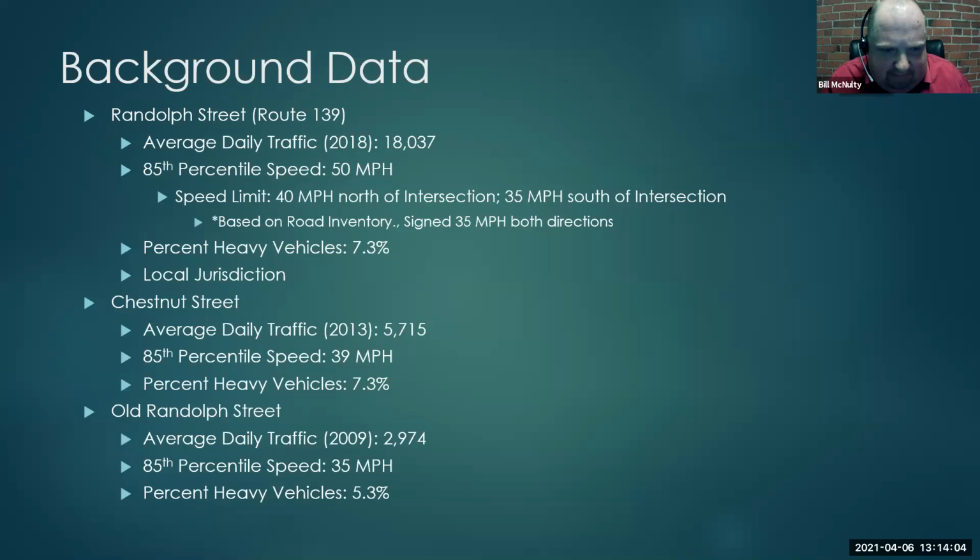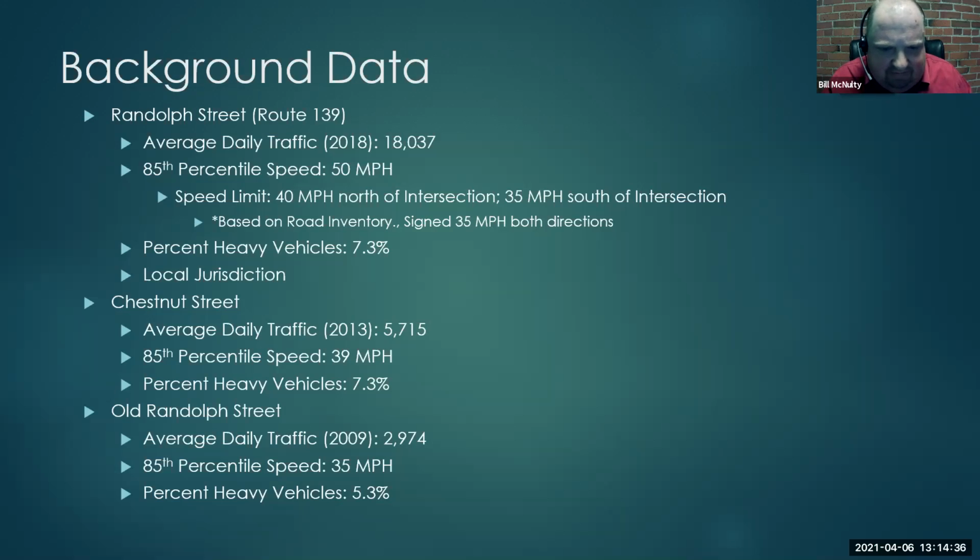Chestnut Street has an average daily traffic of near 6,000 vehicles per day. 85th percentile speed on that roadway is also fairly high, 39 miles per hour. And that's high regardless, and then considering it's a fairly short distance between Hancock Street and 139, that's fairly high travel speed, and percent of heavy vehicles is also 7.3% on Chestnut.